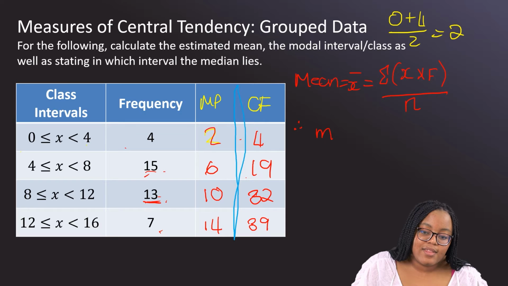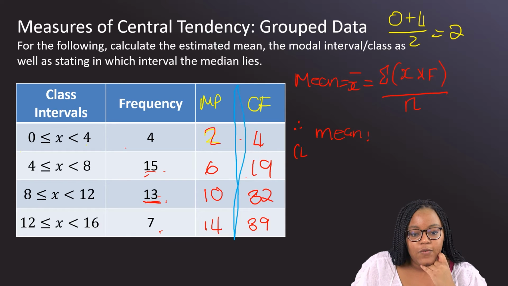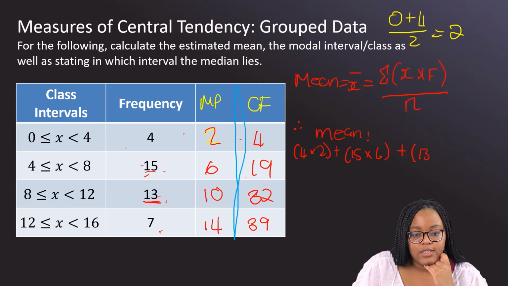the mean in this instance, if we were to calculate it, would be 4, the frequency, multiplied by the midpoint of the class interval, which is 2, plus 15, a frequency, multiplied by 6, a midpoint, plus 13 multiplied by 10, plus 7 multiplied by 14.